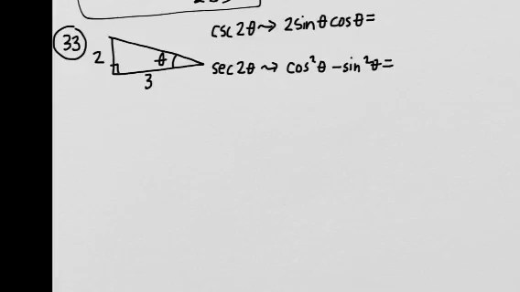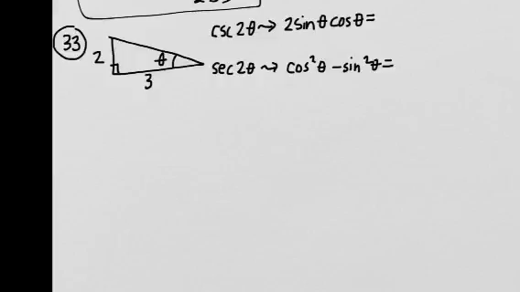Alright, so for number 33, they're asking you for cosecant of 2 theta, secant of 2 theta, and cotangent of 2 theta. Just like the previous problem, you don't have these functions directly, but you know that these are reciprocals of sine, cosine, and tangent respectively. That's why I wrote the formulas for sine and cosine right next to it.